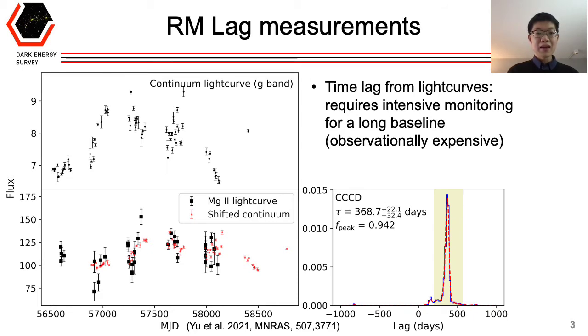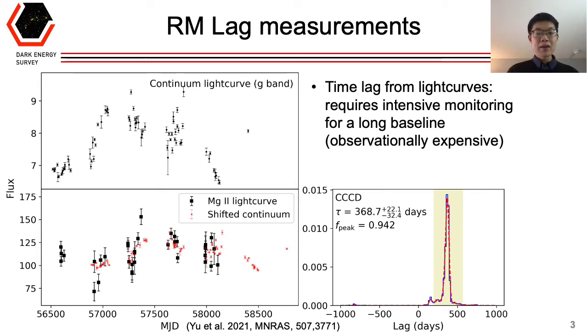Here it shows a lag signal around a year. If we look at the light curves, we can recognize this 1 year time delay between the continuum and line light curves. To make this clearer, the red data points in the lower panel show the continuum light curve shifted by this 1 year time delay. The shifted continuum can well match the line light curve, which verifies the reliability of this lag signal.